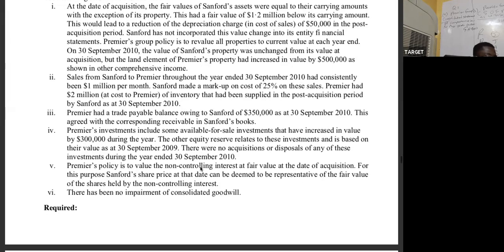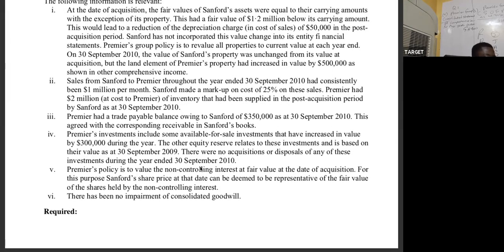Then you go to note 3. Premier had a trade payable balance owing to Stamford of 350,000 at 30th September 2010. This agreed with the corresponding receivable in Stamford's books. So once it has agreed, then what do you do? You eliminate it. It must be cancelled from both the trade payables and the receivable. That's all.